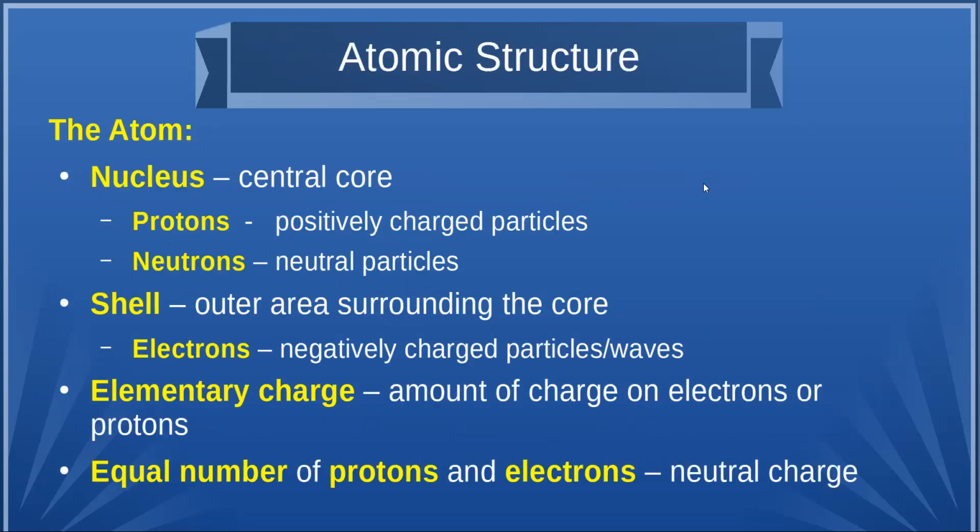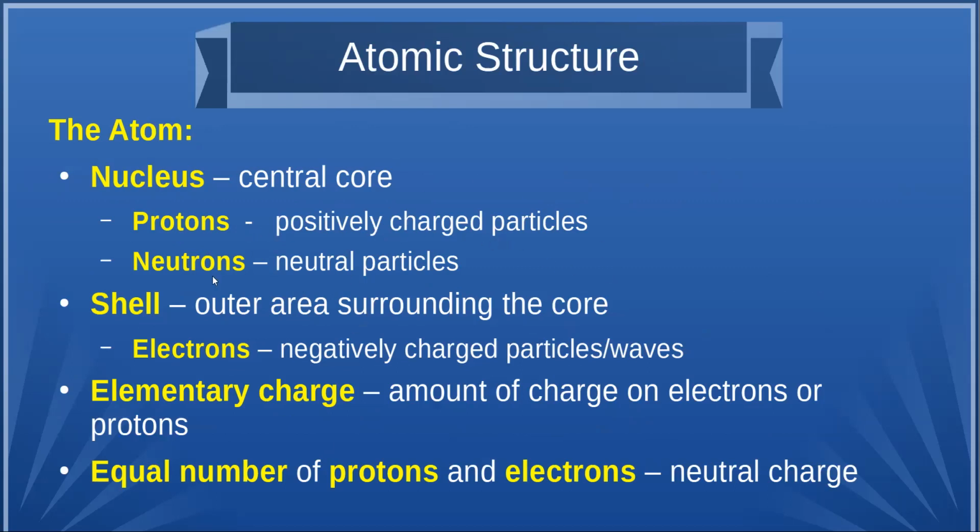But first, we'll start with the old atom. There seems to be pretty good consensus that there's a nucleus with protons and neutrons in it. And it has an outer, what they call shell, at least in some of the models, where you have electrons that are negatively charged, and they're equal to the number of protons in the nucleus.